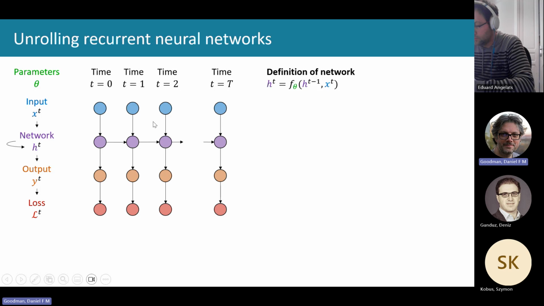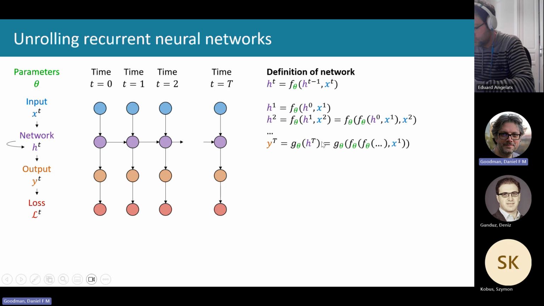And you can think essentially, if your network is some function like this, h at time t depends on h at time t minus 1 and x at time t, some function f theta. And you can just start unrolling this, right? So h at time 1, h at time 2, and so on. And then you get your final output y at time t.